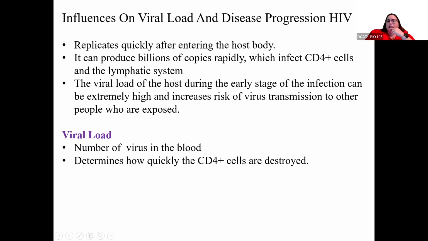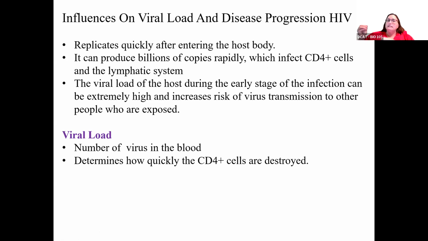And if HIV infects the CD4 cells, and we said in the prior slide that they're stored in the lymphatic system, that is why the CD4 and the lymphatic system is the ones that are being infected. Does that make sense? Okay, so there's billions and billions and billions of them being copied and replicated and reproduced, okay, within our own CD4 cells or our own T cells within our body.